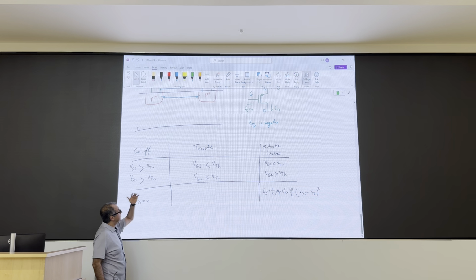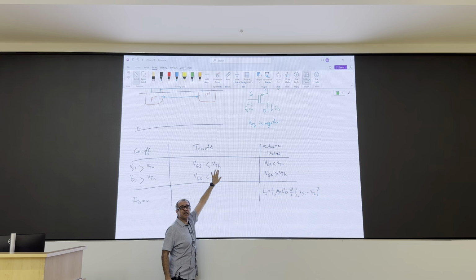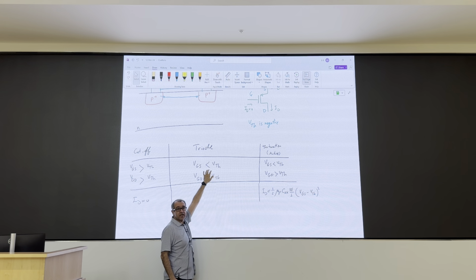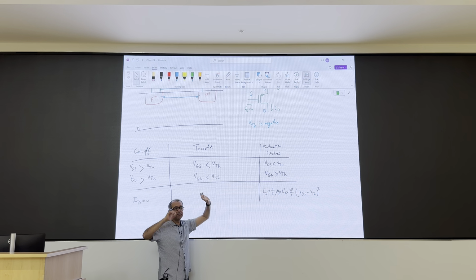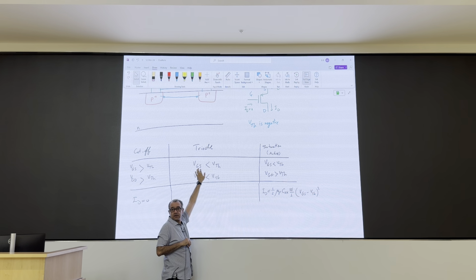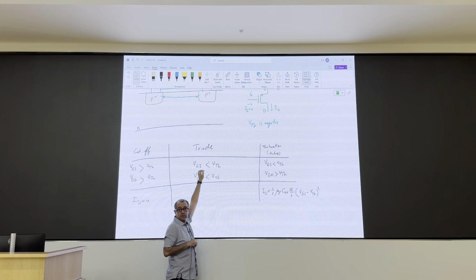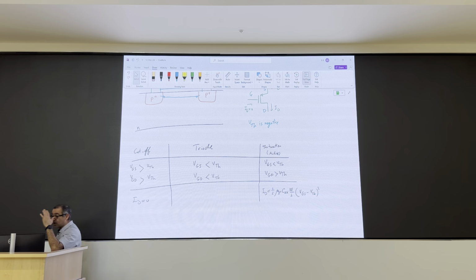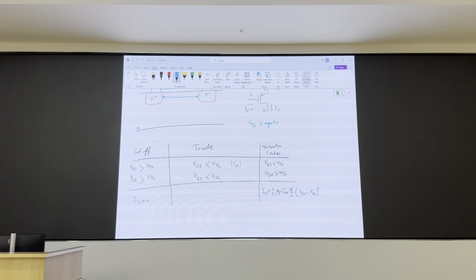If VTH is a negative value, let's say -1, and VGS is smaller than that, the absolute value of VGS is larger. So it's -2. If you compare the absolute values, it's larger. So some books would like to write this as absolute value of VGS is larger than absolute value of VTH.